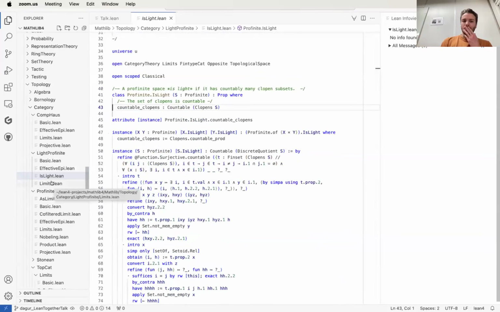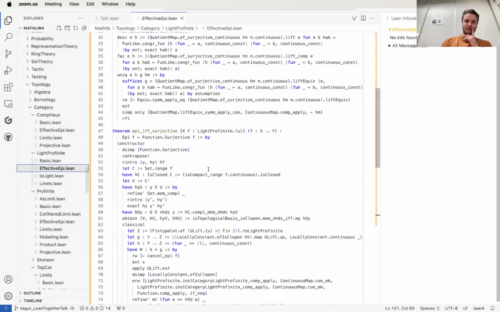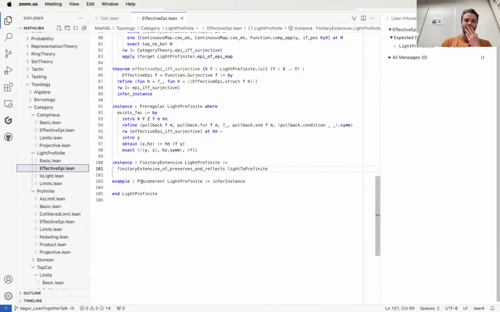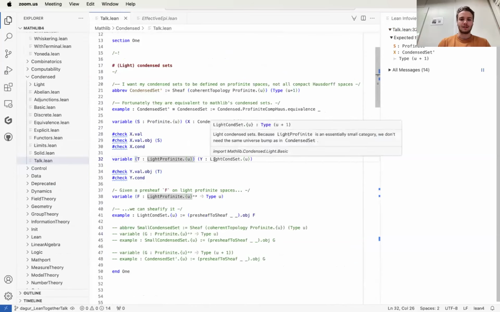And then we need some explicit limits to prove that it has the properties required to define this coherent topology. And then we can define light condensed sets.